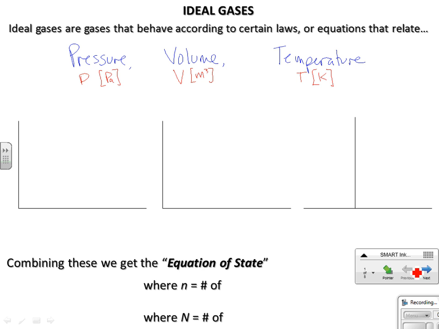There are three graphs that we ought to be comfortable with, and they relate these three things. Let's do pressure and temperature. It's a linear graph, which means that the higher the temperature of a gas, the faster its particles go.